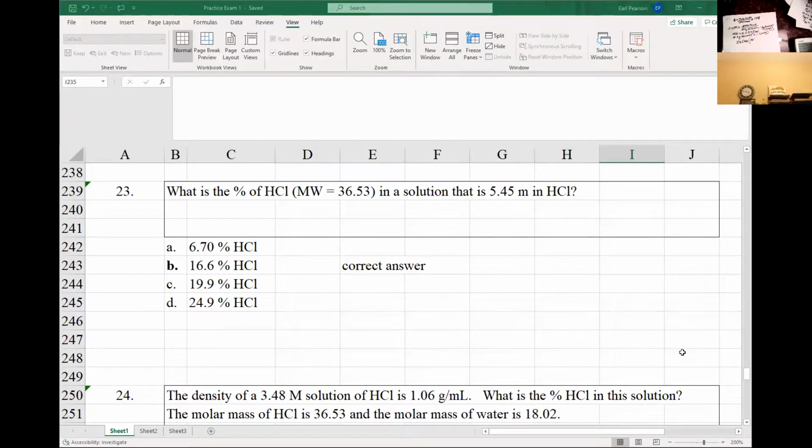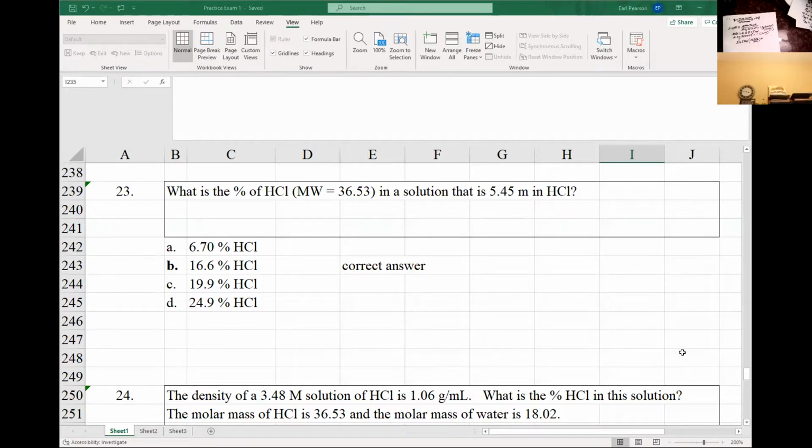So 5.45 moles, hydrochloric acid is 36.53 grams per mole. So this is going to give me the mass of the HCl in this solution.